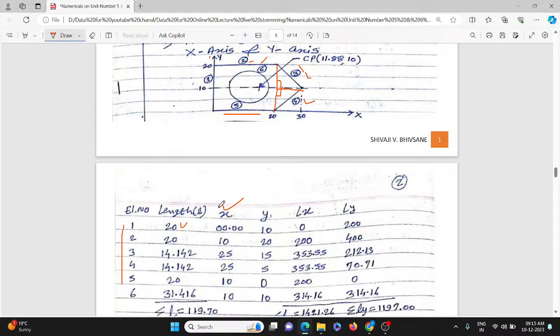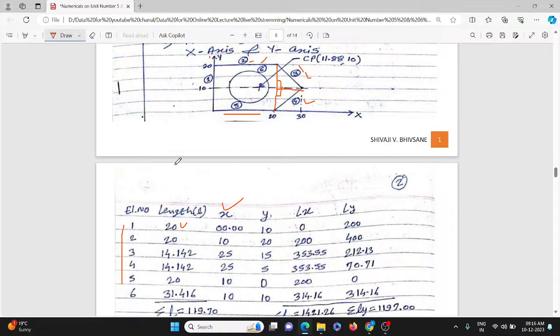And when we say x, it is the distance from the y-axis, and when we say y, it is nothing but the distance from the x-axis. Okay, so this you have to remember: x is the distance from the y-axis, and y is the distance from the x-axis.